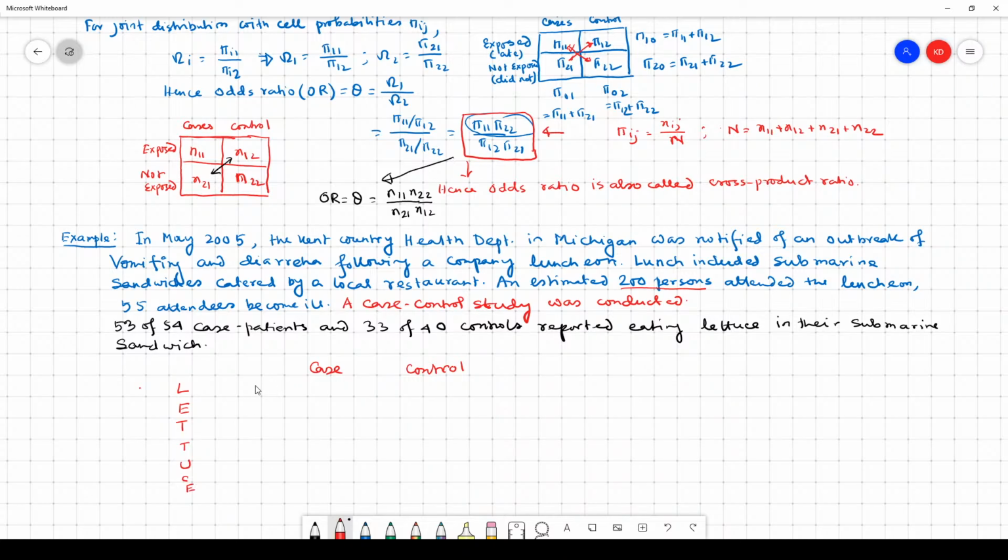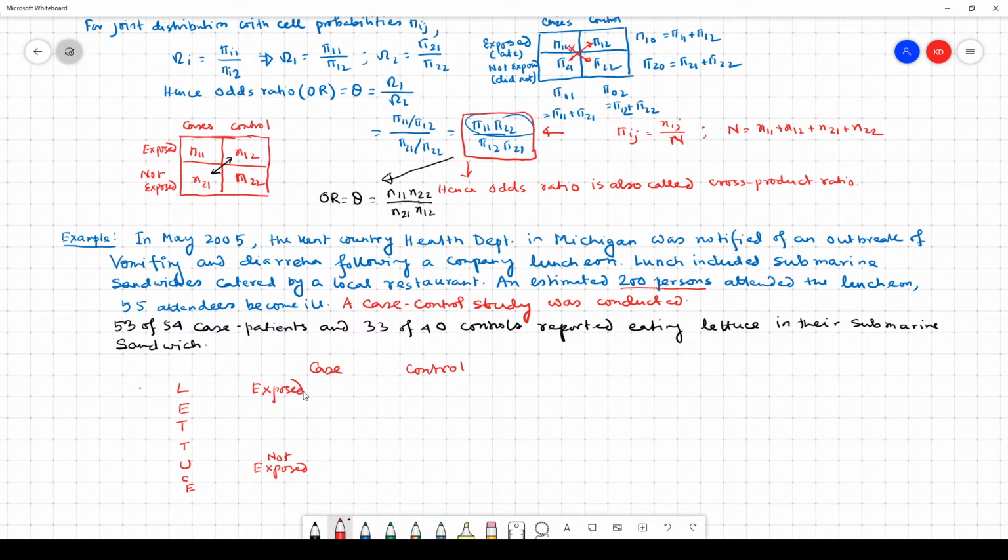Those who are exposed means those who ate lettuce, and those who did not eat lettuce are not exposed.